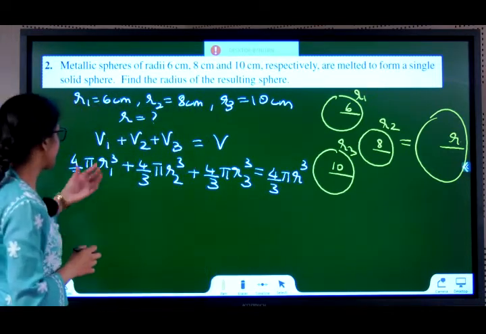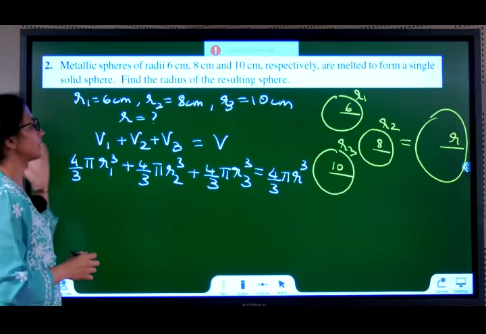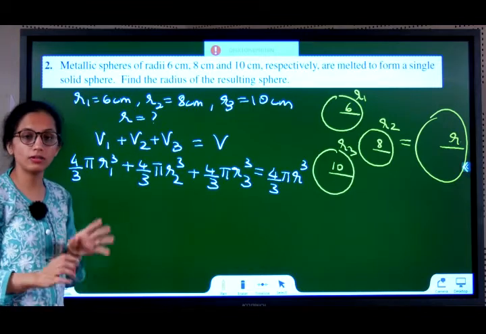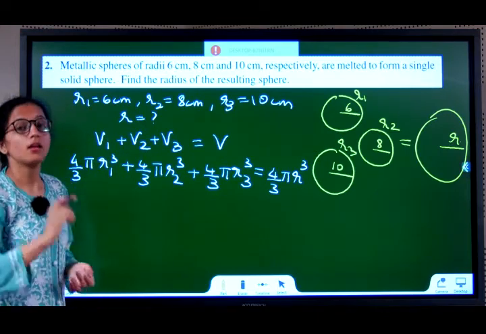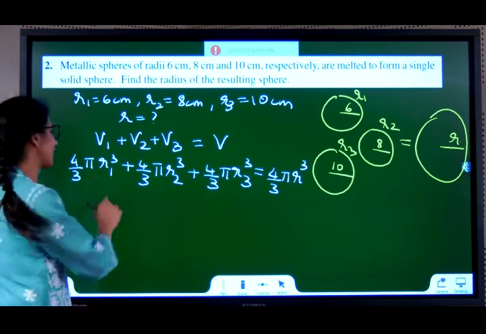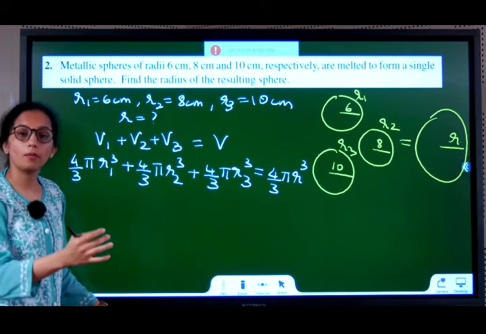You can find V1 separately, V2 separately, V3 separately and then add it, but you will be wasting a lot of time calculating 4 by 3 into pi so many times.